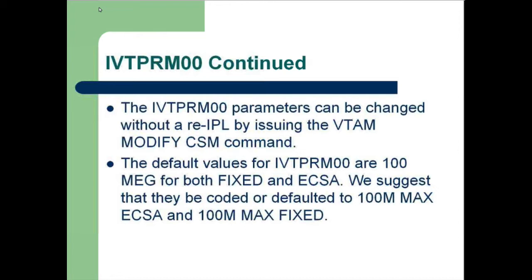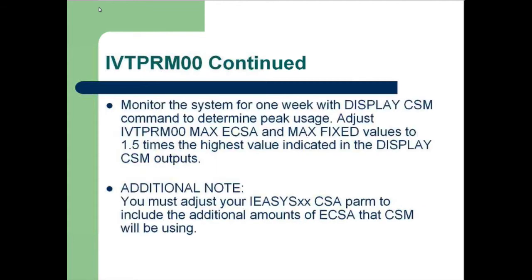The default values for IVTPRM00 are 100 meg for both fixed and ECSA. We suggest that they be coded or defaulted to 100 meg max ECSA and 100 meg max fixed. Monitor the system for 1 week with the display CSM command to determine peak usage.